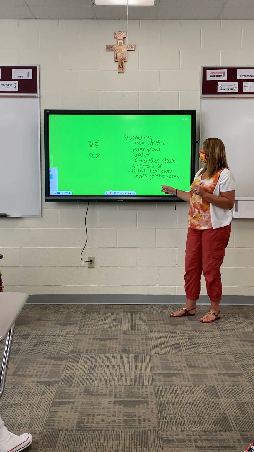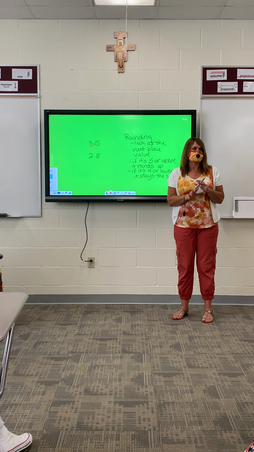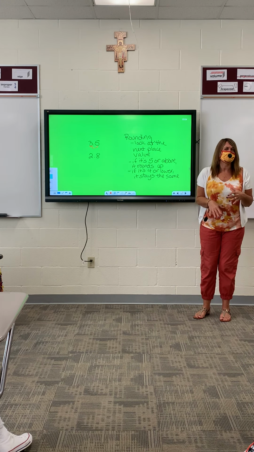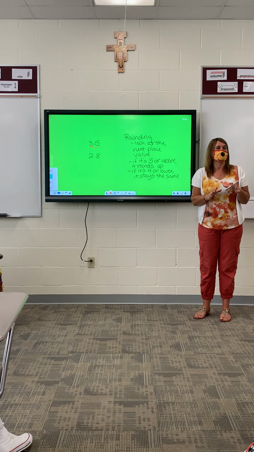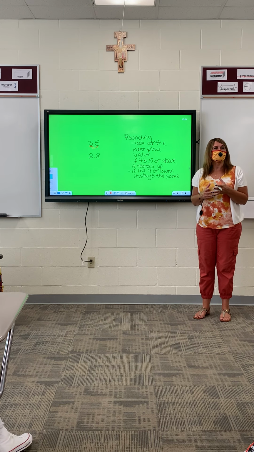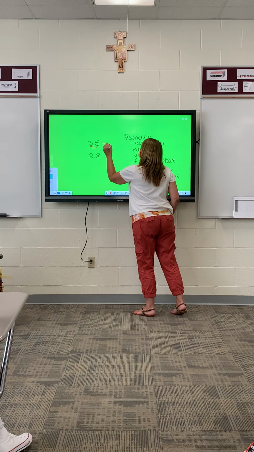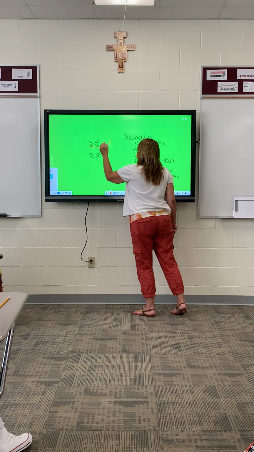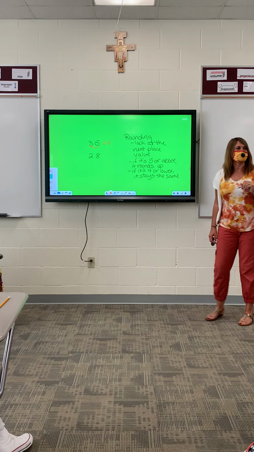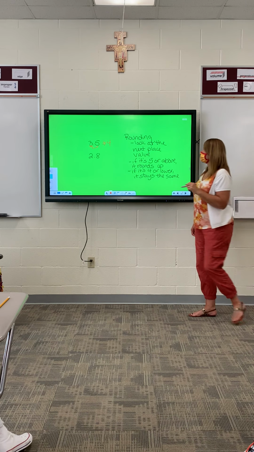But if it's less than 5, it's not going to round up, it's going to stay the same. So following that, 3.5 would be about what? There you go, good job. I don't want to say equals 4, because it's not equal to 4, but it's about 4, right?